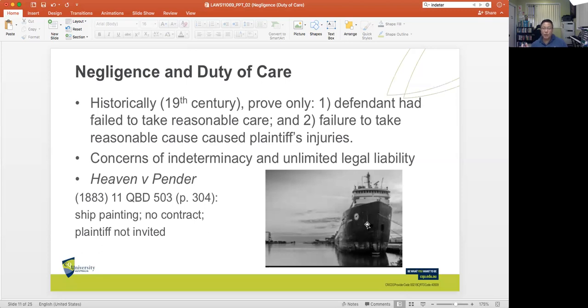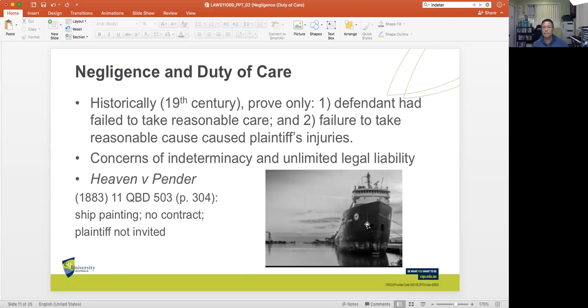But more importantly, the court ruled that the ship owner owed a duty of care, not just to the contractor, but to other people who were working in the premises where the ship was being repainted.